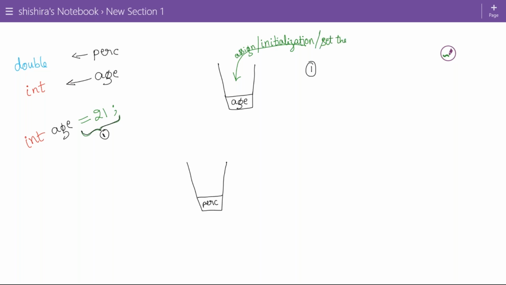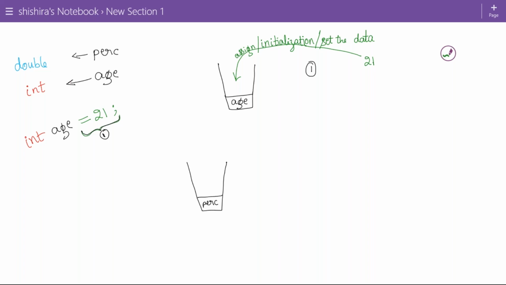Set the data is nothing but you can assign or initialize the data. What is that data that I'm trying to assign? 21. I'm trying to assign a data called 21 into this age. So this is called setting the data, initializing the data, or assigning the data.